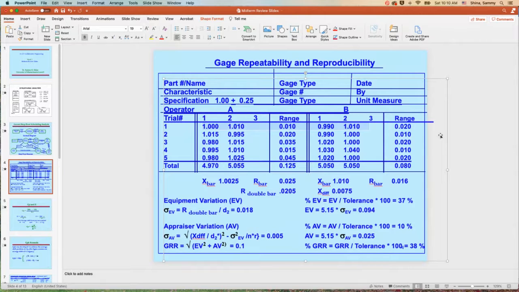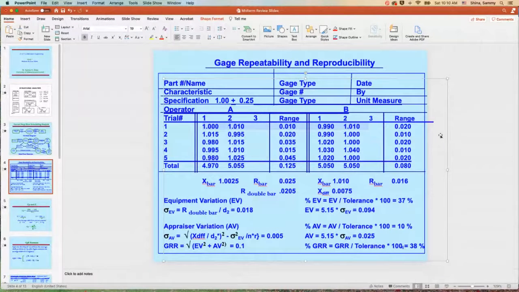The X diff of that gives us the sigma of the part. So the sigma of GR&R and the sigma of the part gives you the sigma of the total. And then you can do the variation here and see what percentage of the spec is taken up by the variation of the R&R.